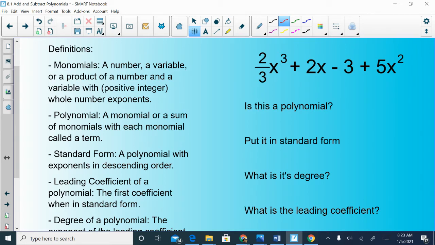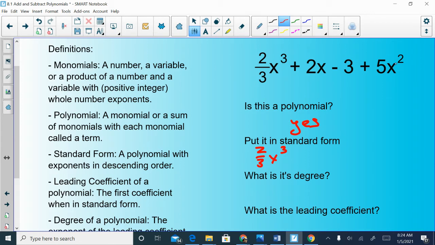So I think a lot of you would have said that this is not a polynomial because it has to have whole numbers. Remember I wrote 0, 1, 2, 3 on the last slide? Those have to be in the exponents. It can have coefficients that are fractions. So yes, this is a polynomial. It is not currently in standard form. You would need to be writing this in standard form. Standard form would be 2/3 times x to the third.